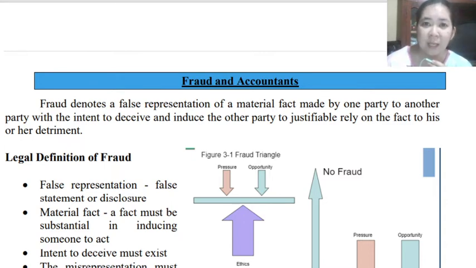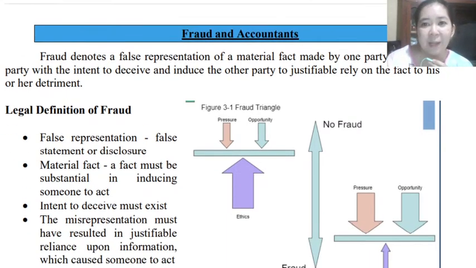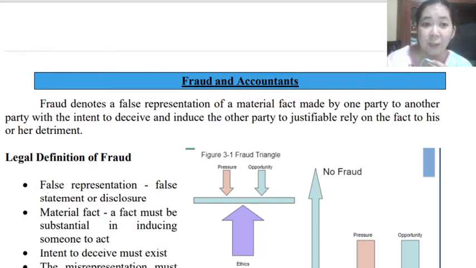So basically, accountants are used so that the representation in the form of financial reports will be controlled and even manipulated.